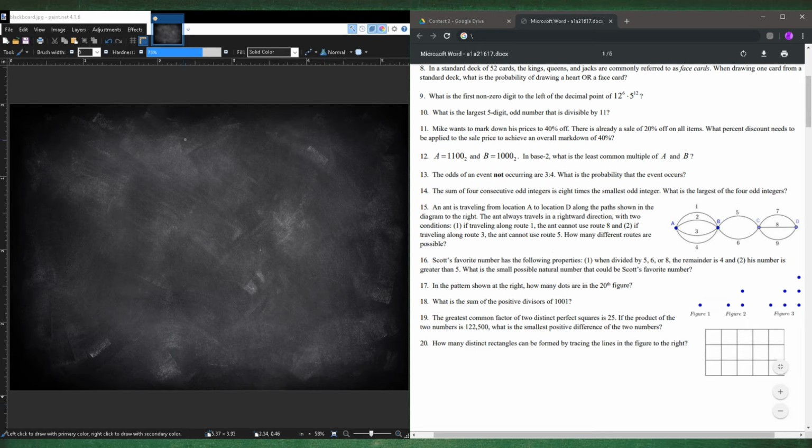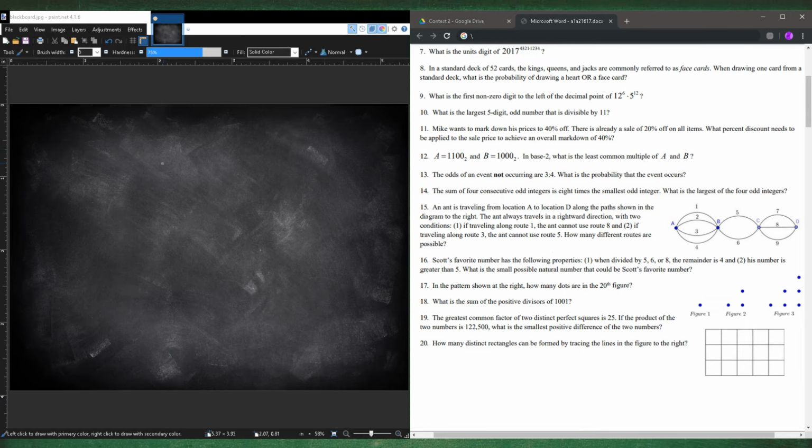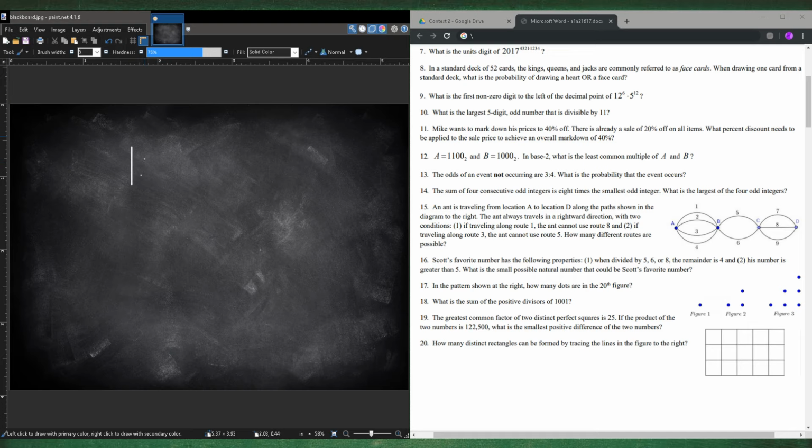Let's say it's route 1. It goes to B using 1. It cannot use route 8, so you could use 5 then 7, 5 to 9, 6 to 7, or 6 to 9, but you can't use 8. So route 1 has 4 possibilities.